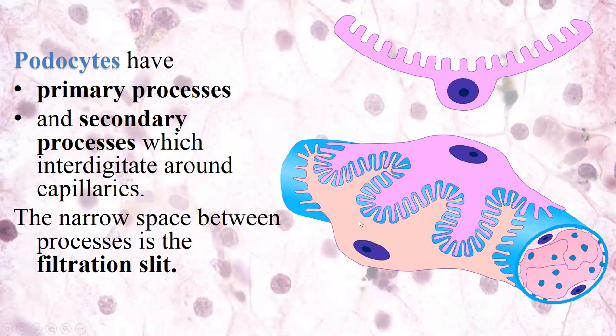So here we can see podocytes which surround the capillary. Here we can see a capillary of the glomerulus, and two podocytes with primary or big processes and secondary or small processes. The neighboring podocytes form interdigitations. What is interdigitation? Digit, it's finger.